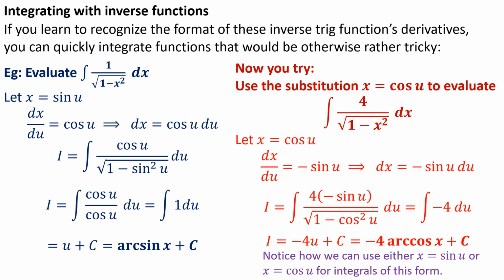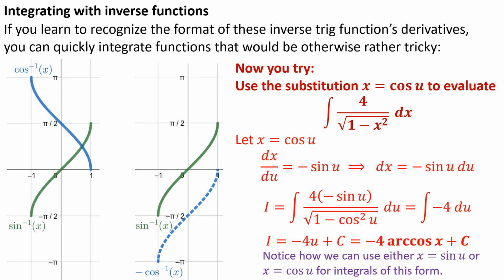Now, you might be aware that arc sine and arc cos are not just the negatives of each other. However, they are related to each other sufficiently that the integral will show us results that are offset by just a fixed amount, a constant of integration. In particular, if you have a look at the graphs on the left, I've got the standard inverse sine and inverse cos graphs drawn on there.